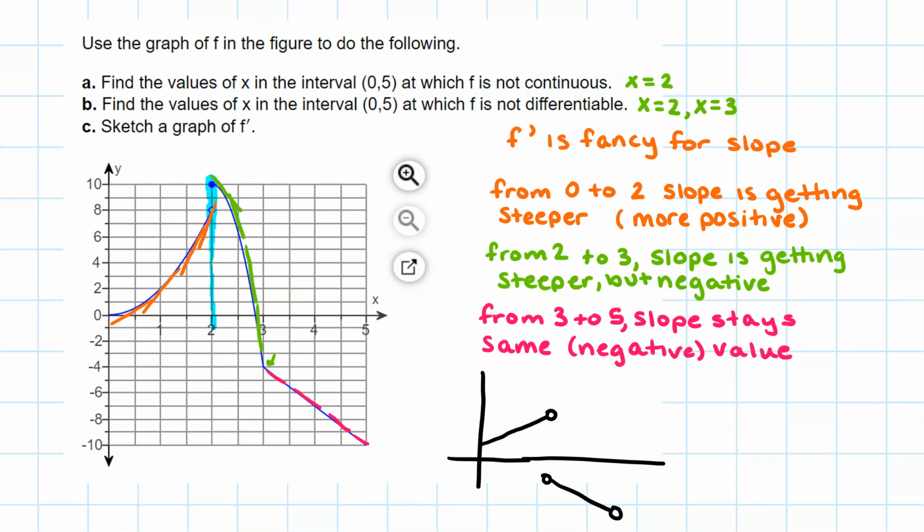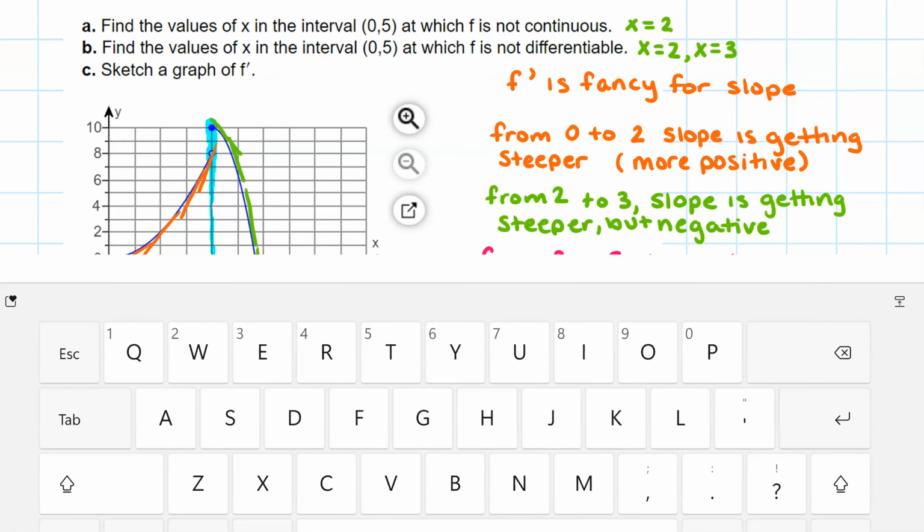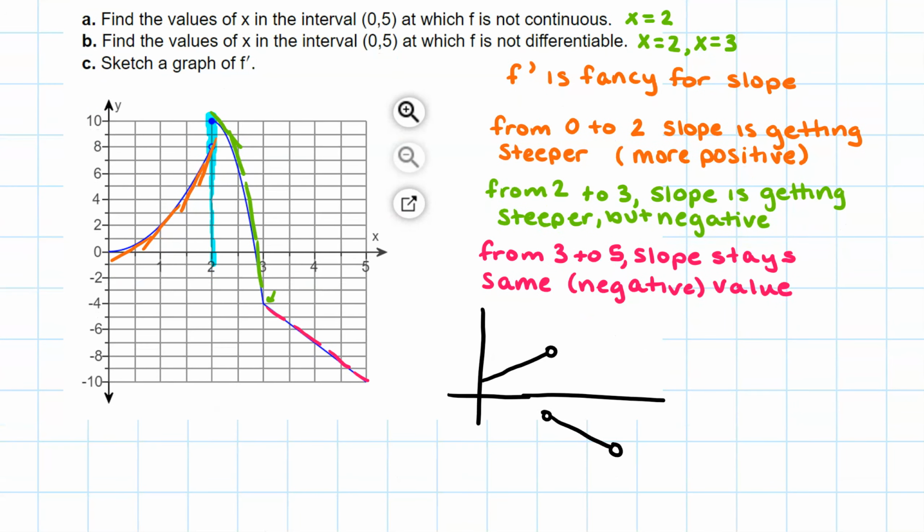And then it's staying constant, but still a negative value. So something like this. And you notice I didn't put actual values on here, except I'll do the x's. So this was from 0 to 2, this was from 2 to 3, and this was from 3 to 5. But I didn't put values on the y because it's just a general idea of what that slope graph will look like.